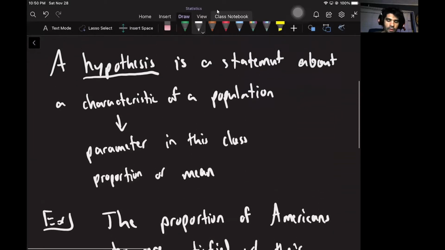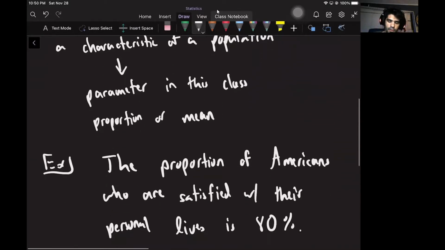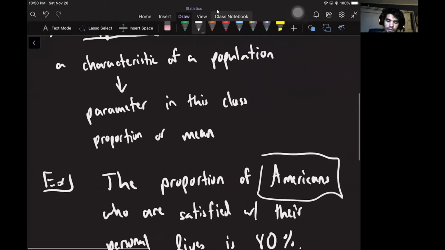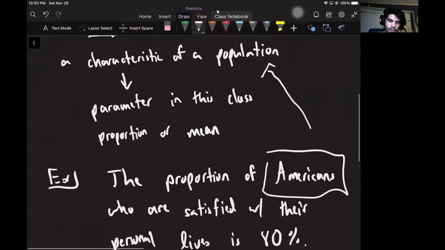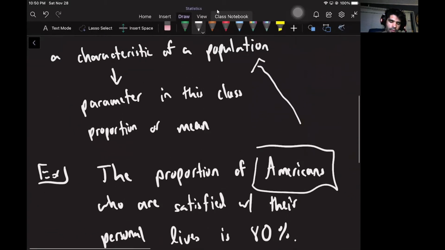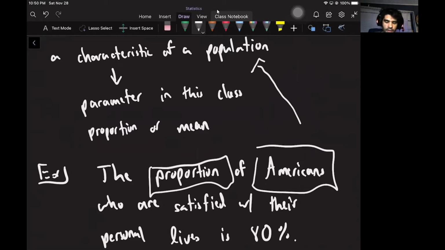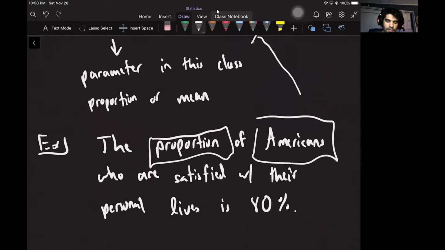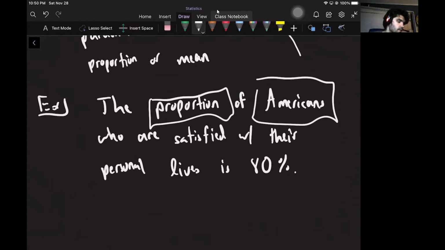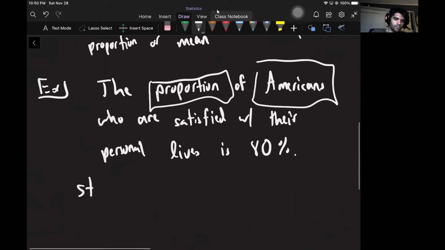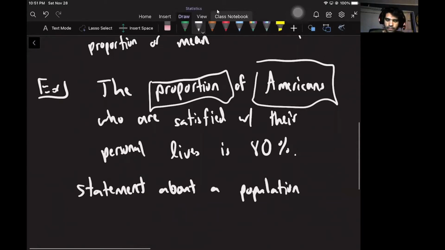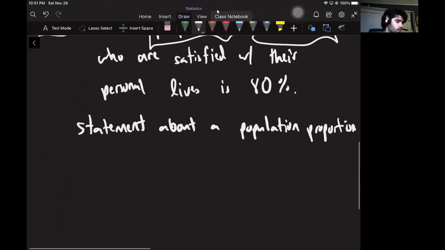So this is either right or wrong, but in any case, it's about a population. So here the population is Americans, and the characteristic is the parameter of proportion, and the statement I'm making about it is that it's 80%. So this is a statement about a proportion, and therefore it is a hypothesis. Okay, so that's what a hypothesis is. That's an example of a hypothesis.